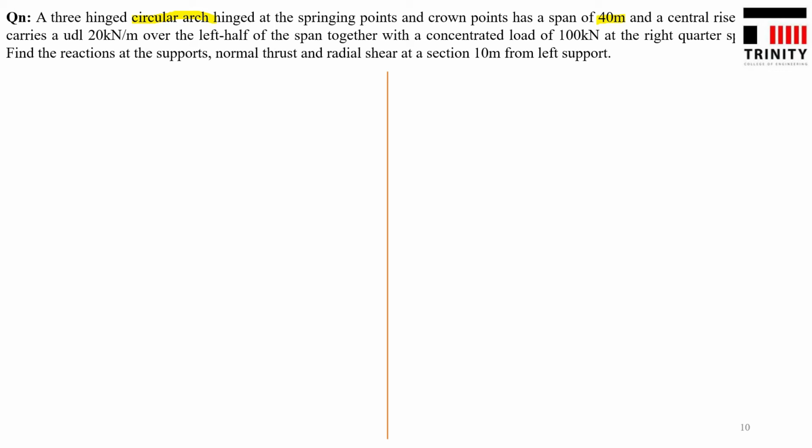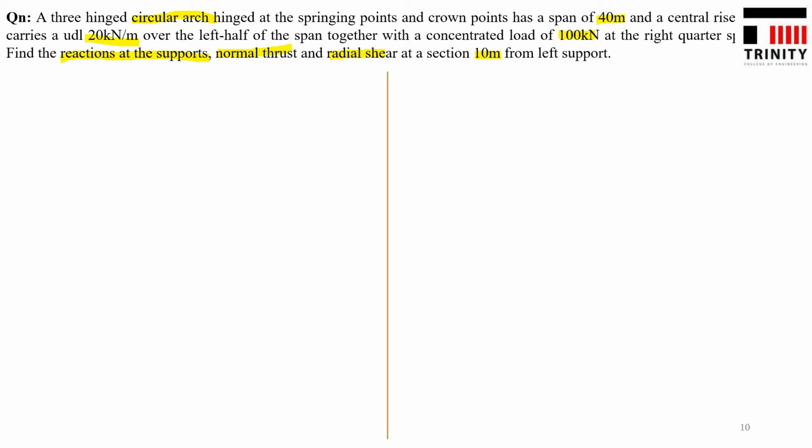It carries a UDL of 20 kilonewton per meter over its left half portion, that is the left 20 meter, and a concentrated load of 100 kilonewton at the right quarter span point, that is, at 10 meter from the right support. And you were asked to find the support reactions, and normal thrust and radial shear at x equal to 10 meter from the left support.